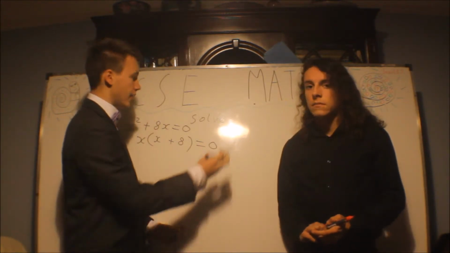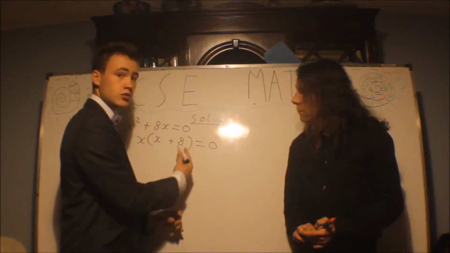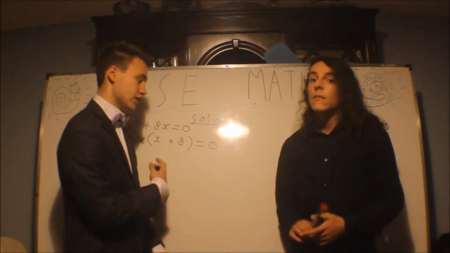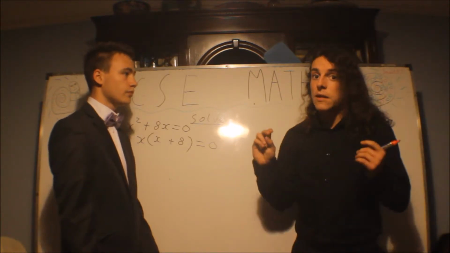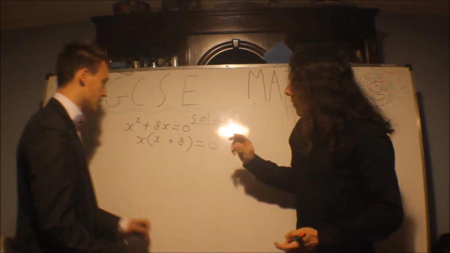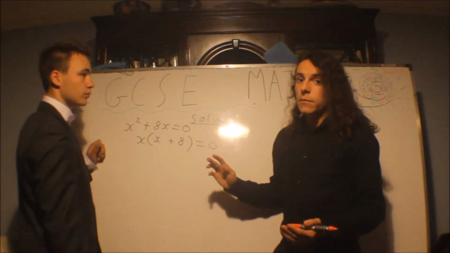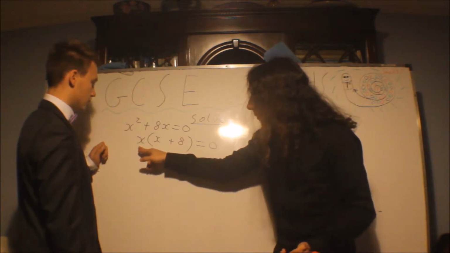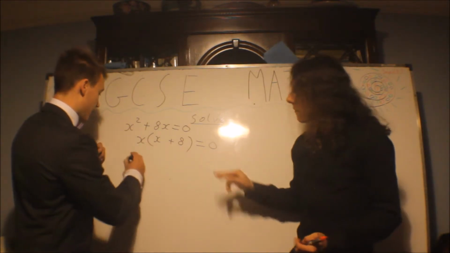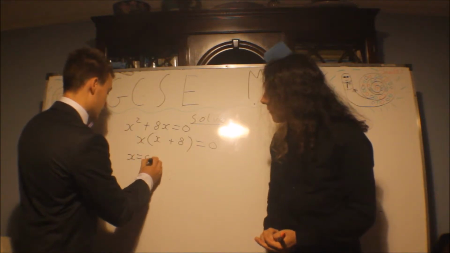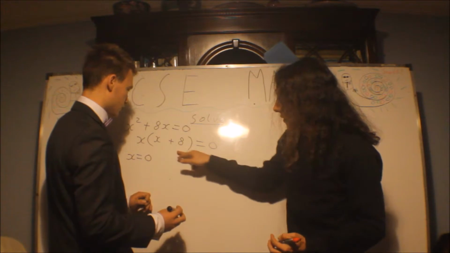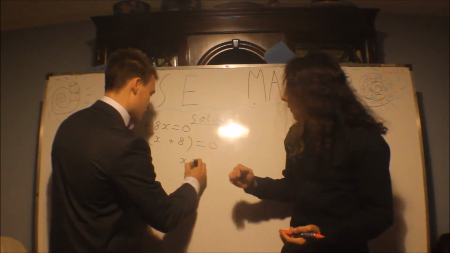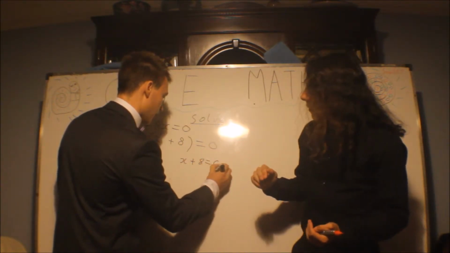Now the step beyond that, this solve, means you have to use this information to find out what x is rather than just leaving it in this form. For it to equal 0, x can be two things. If anything times 0 is 0, so if x was 0, this would be 0. So x could equal 0. It could also equal, what would make this half equal to 0? x plus 8 equals 0, but that's not finished.